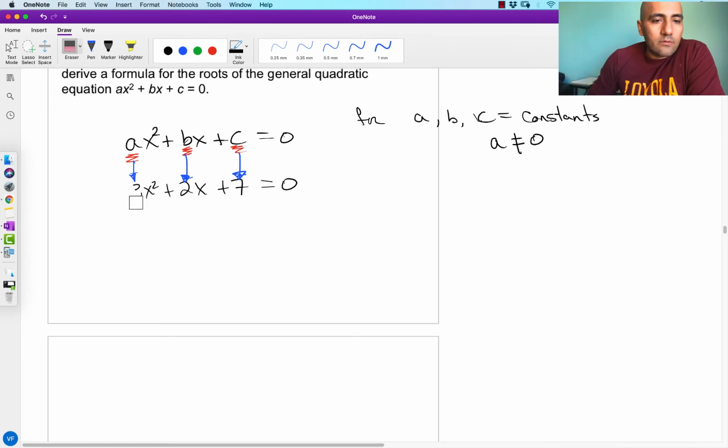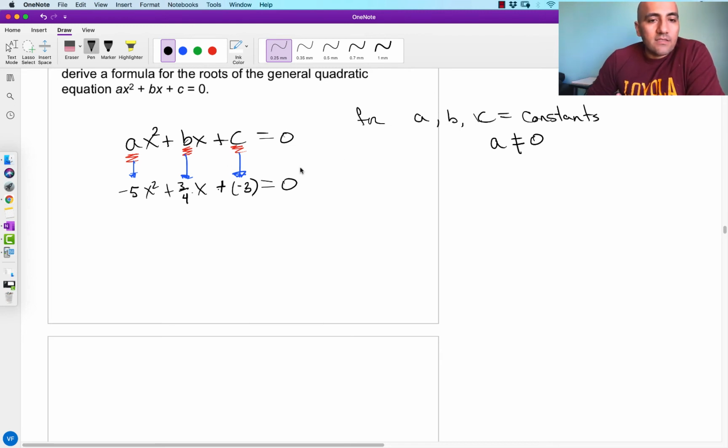Another example could be one where the a is -5, the b is 3/4, right? Nobody said it has to be a whole number. It could be any constant. And then we have a plus, and maybe it's a -3. Could be a negative, could be a fraction, anything at all.